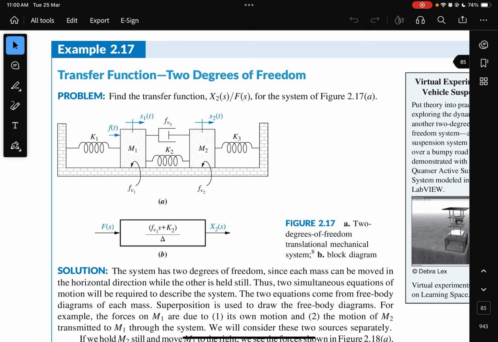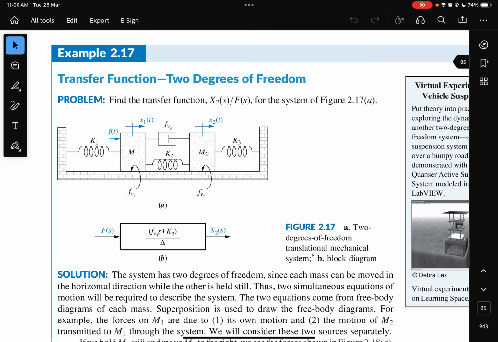Firstly, to create this transfer function, since this is a 2 degree of freedom mechanical system, we need two equations of motion. To do that, we need to have this consideration where, for example, we hold m2, the mass on the right, and then we push m1 to the right following the f(t) direction. Get the equation for that.